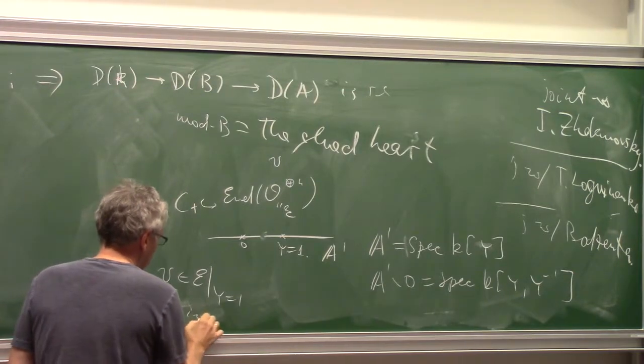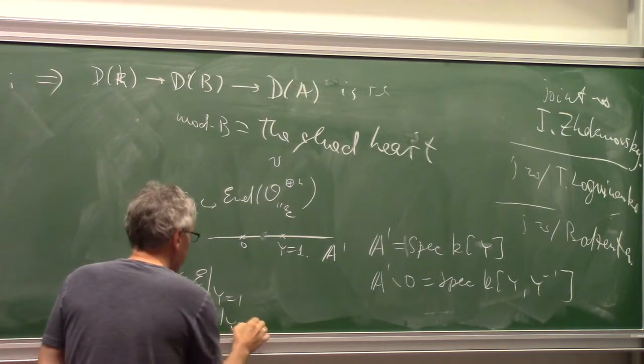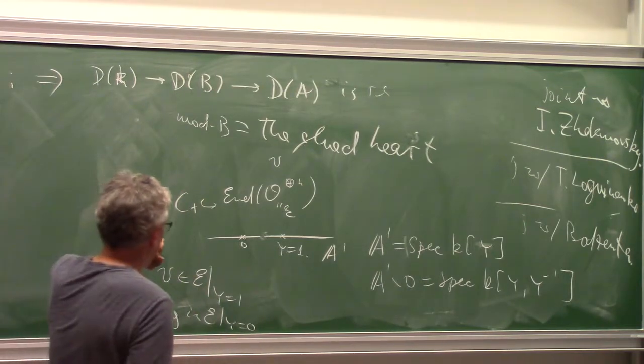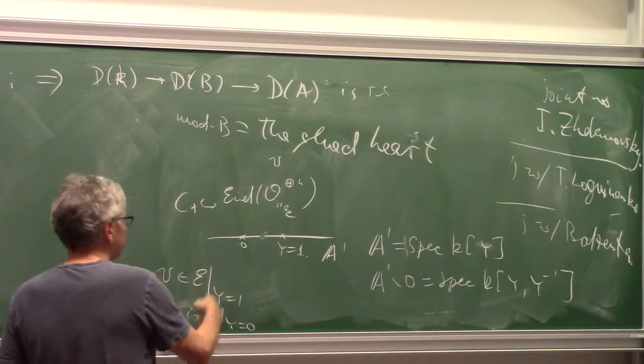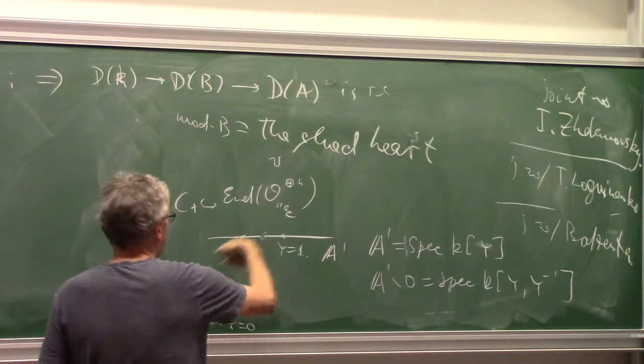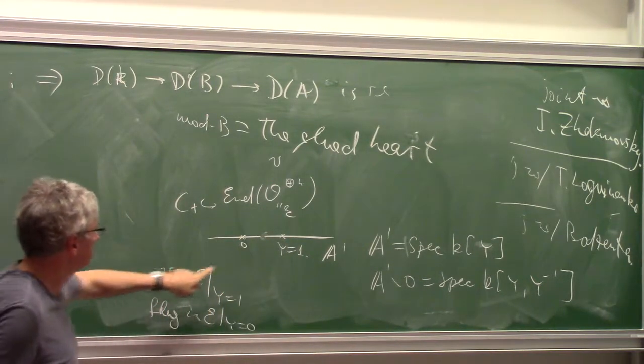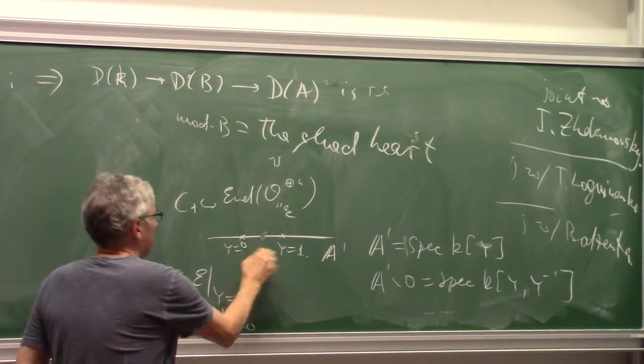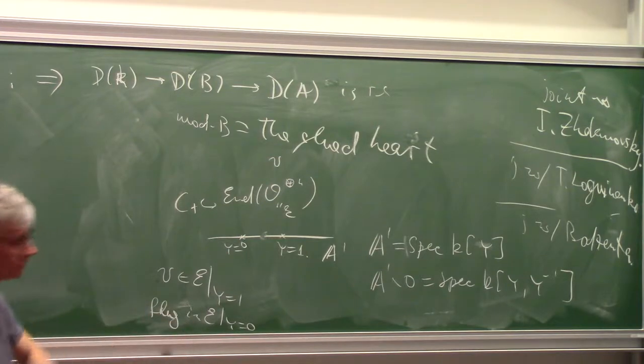We require that these two be preserved. So this vector should be fixed at Y equals 1, and this flag should be fixed at Y equals 0.